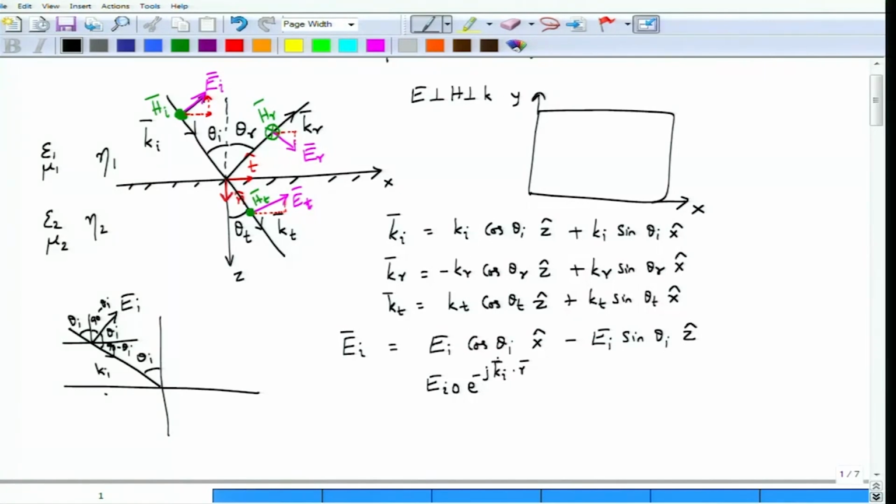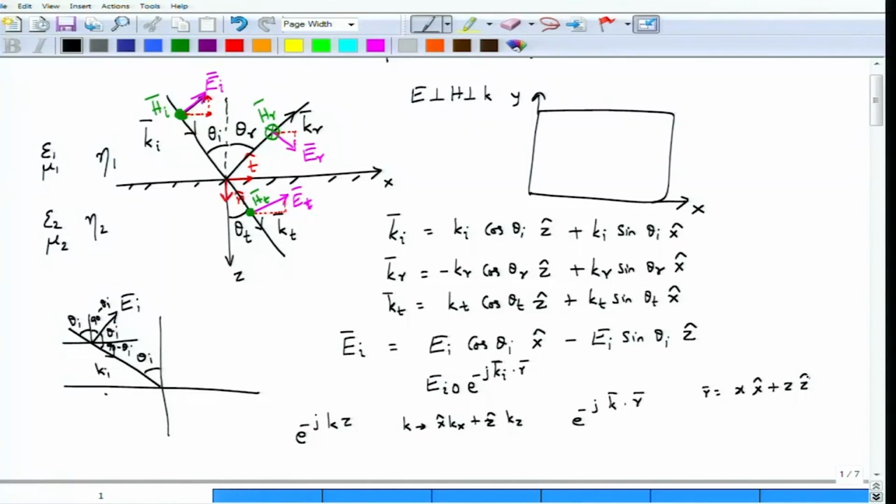Now what is this ki dot r here? Well, I know that if a wave is propagating along the z direction and has a wave vector having only the z component, then the phase factor can be written as e power minus jkz. However, since k actually has two components, the x component as well as the z component, right, and we are describing the wave propagation in a region where x and z both are changing, the corresponding phase factor should be e power minus j k dot r, where r is the position vector x hat plus z hat.